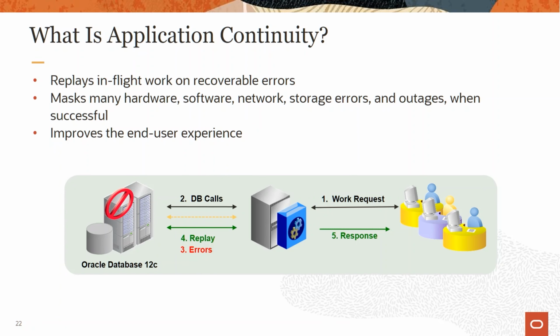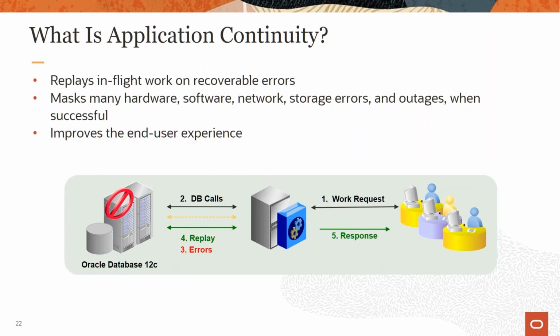And then Application Continuity leverages Transaction Guard to check the last transaction commit status. And this information is saved in the database, so we can easily pull out that information. When using Application Continuity, it uses Transaction Guard internally. We don't have to run an API manually.